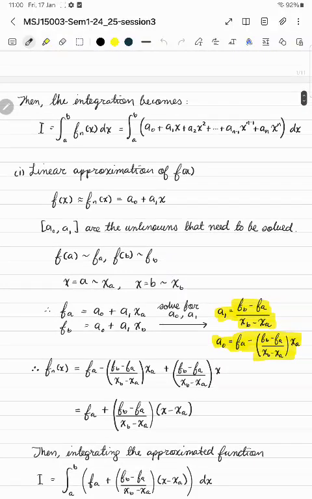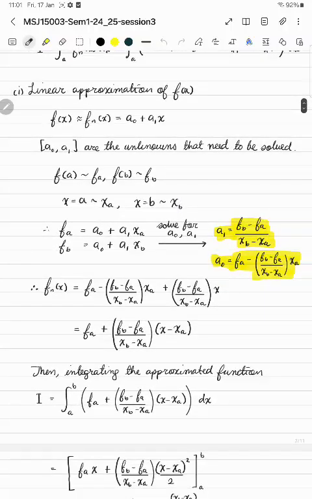Now in the case of linear approximation, let's say you have your continuous function and your approximate function is in the form of a linear equation. The first thing you need to do is derive or solve for the values of a0 and a1.